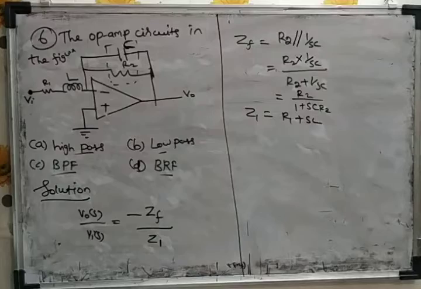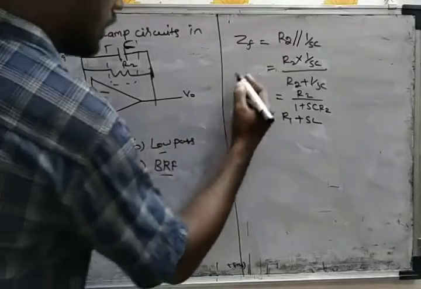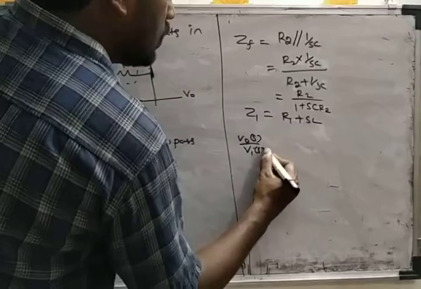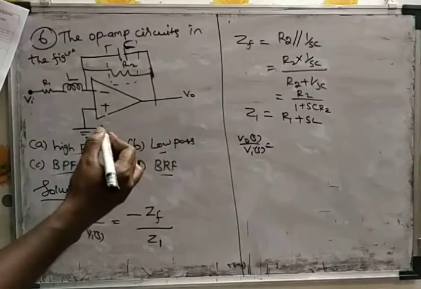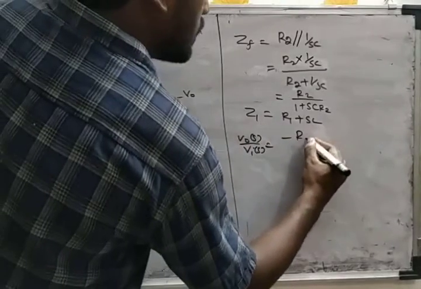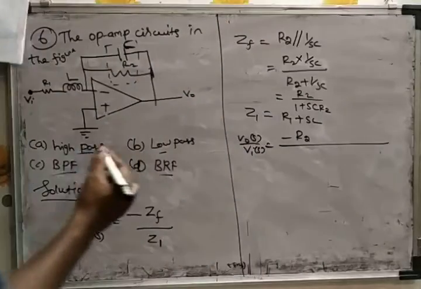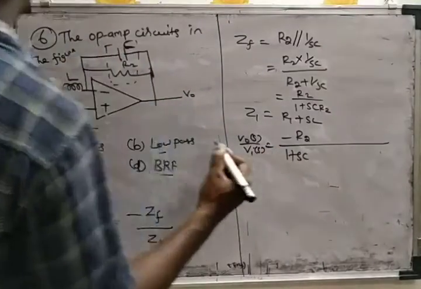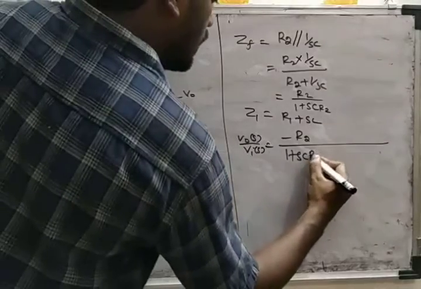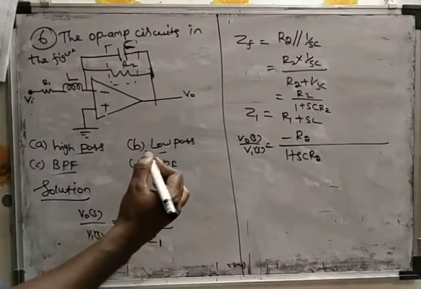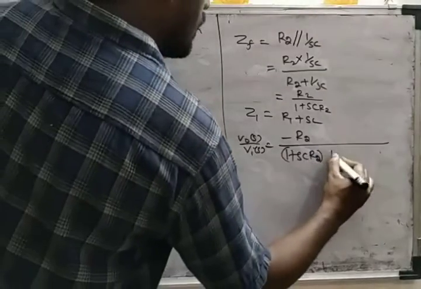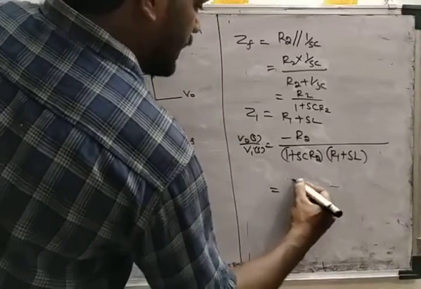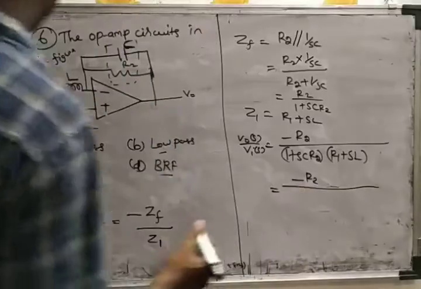So V0(s)/VA(s) equals minus R2 by (1 plus sCR2) times (R1 plus sL).